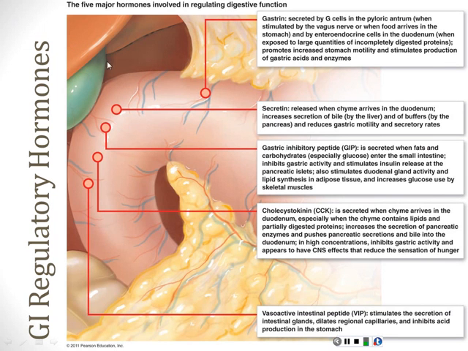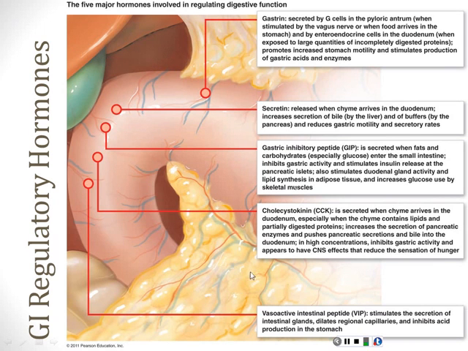And early on, in the first lecture on this topic, we talked about the different layers of control. You know, that local factors play the largest role. So essentially, the digestive tract manages itself, but then also that there's neural controls and hormonal controls.